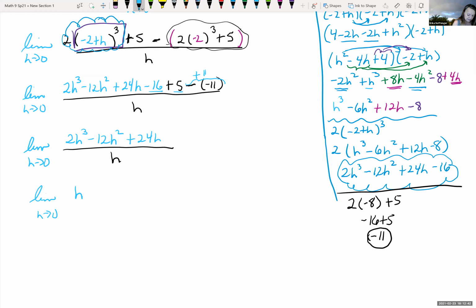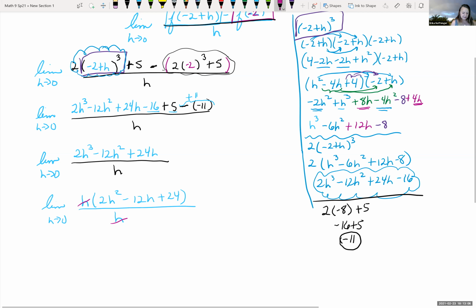So doing that, pulling out an h, we're left with 2h squared minus 12h plus 24, all over h. So simplifying, we get the following.